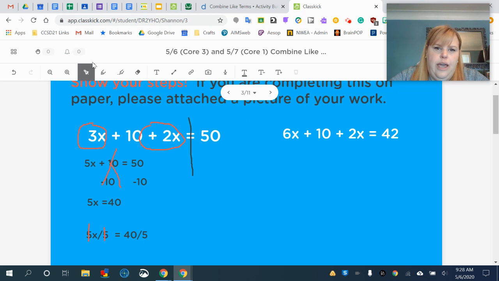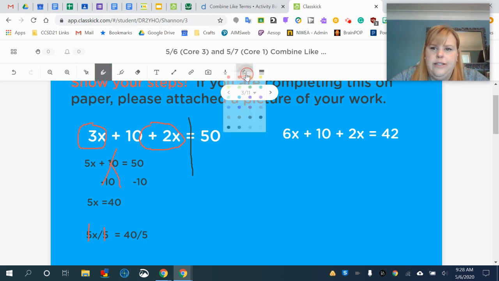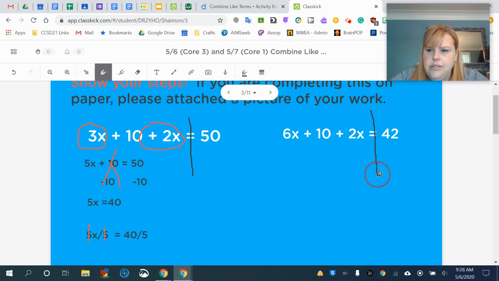So again, I like to look at my equations as two sides divided by the equal sign. So I have my left side and my right side, makes it easier for me to see. And then I'm going to look for like terms on my left side. I see that I have a 6x, and I see that I have a plus 2x.